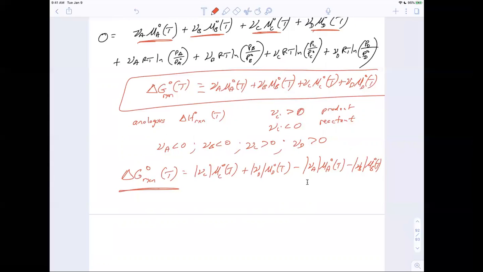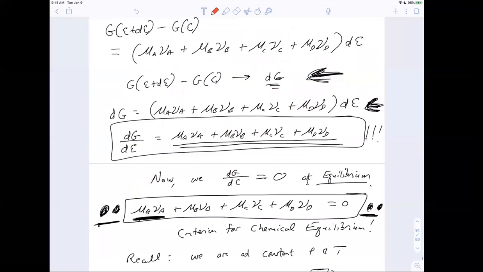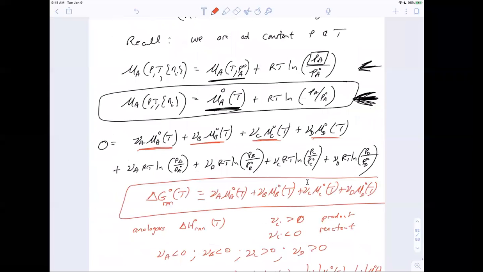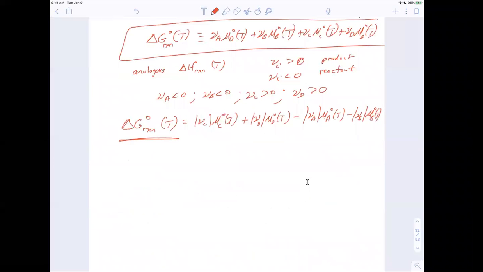Okay, so this is not delta G for this reaction. Recall, we have our original chemical reaction here: nu sub A plus nu sub B goes to nu sub C plus nu sub D, right? This delta G of reaction is not the delta G of this. So we have here delta G of reaction at pressure and temperature.